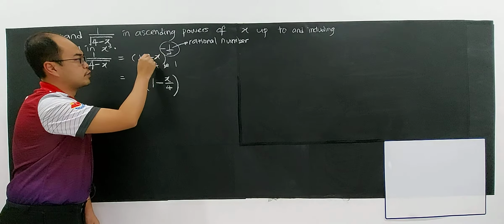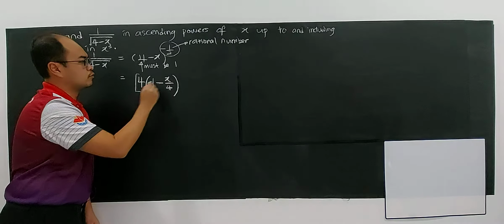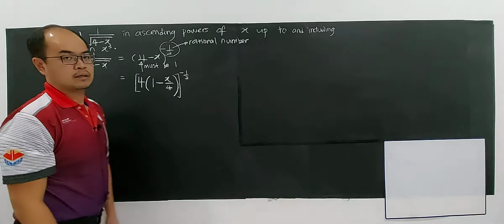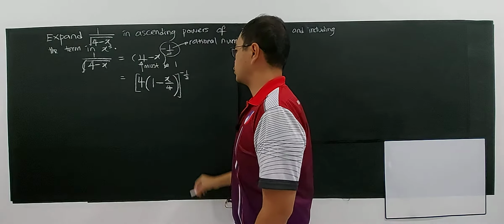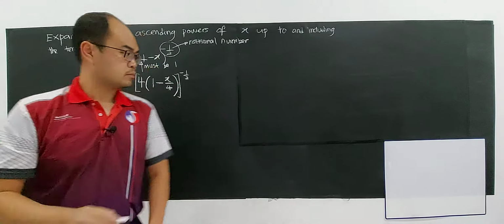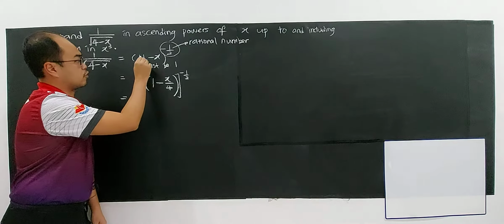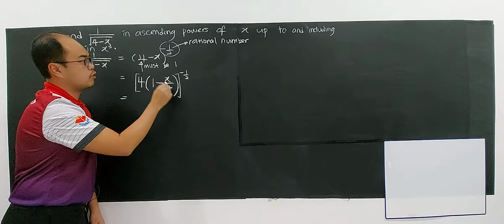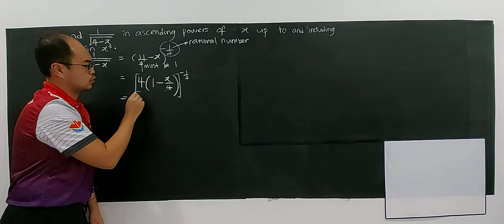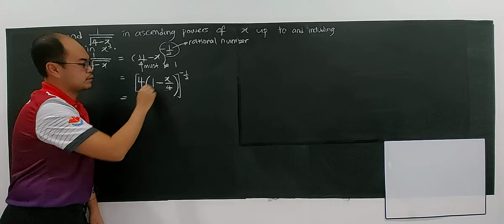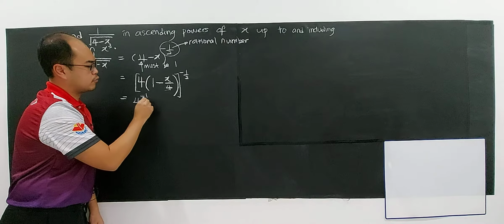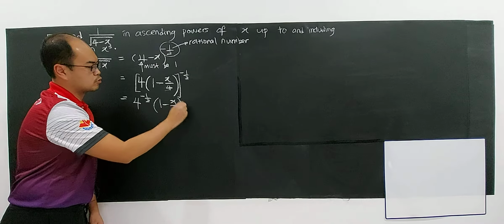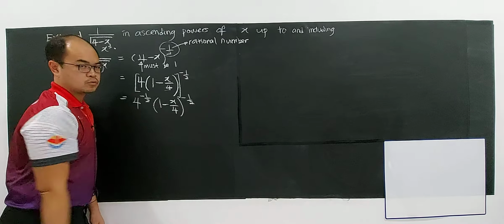But don't forget, everything is to the power of negative 1 over 2. So you have converted 4 minus x to 4 times 1 minus x over 4, everything to the power of negative 1 over 2. It's the same as A times B: 4 to the power of negative 1 over 2, and 1 minus x over 4, also to the power of negative 1 over 2.